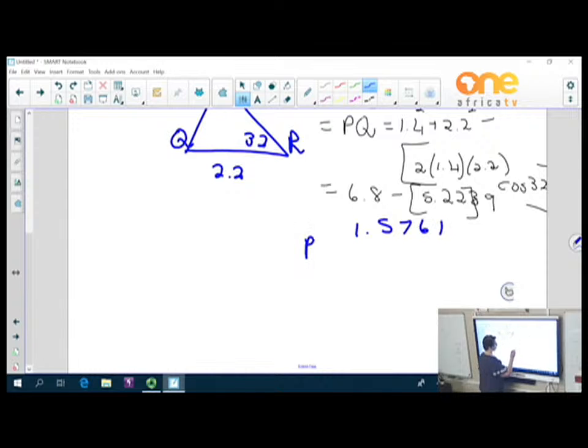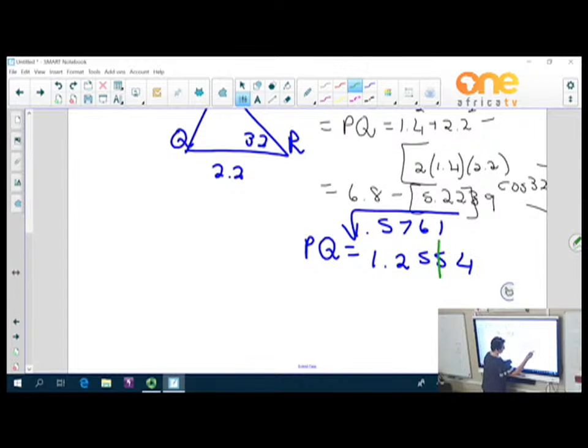Now we want to calculate PQ. This was PQ squared. Now we want PQ, so we're going to get the square root of that value. And the answer is then 1.2554. We round off to 3 significant figures, so the rounded off answer will be 1.26.